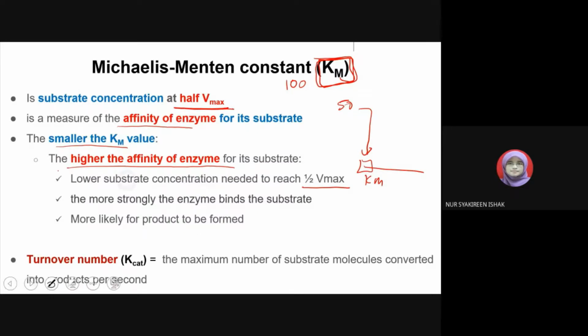This is when the Km value is small. When the Michaelis-Menten constant is low, the enzyme will react quickly with the substrate, because it binds more strongly to the substrate and more product will be produced. So the enzyme will have a higher turnover rate, a higher turnover number, Kcat, which is the maximum number of substrate molecules converted into product per second.